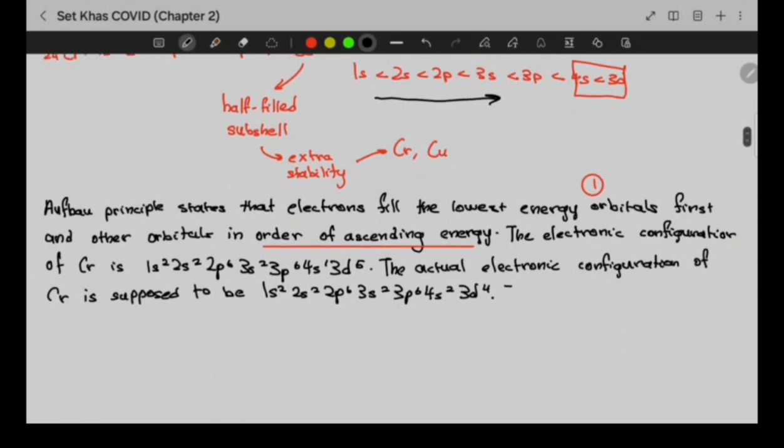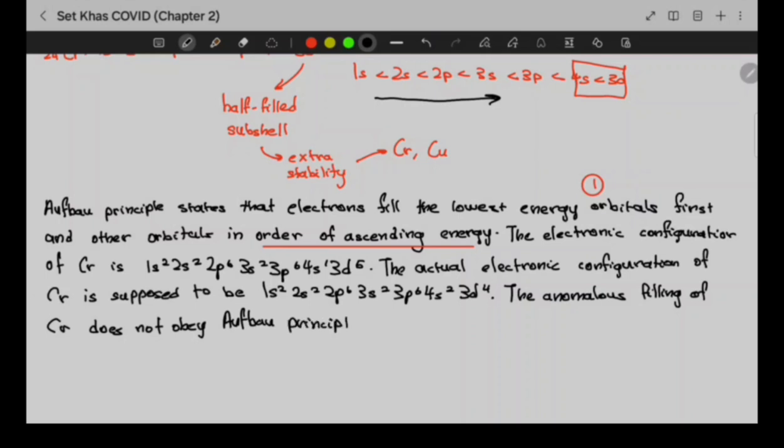And then you can say that the anomalous filling of chromium does not obey the Aufbau principle due to the half-filled 3d5 subshell to obtain extra stability.